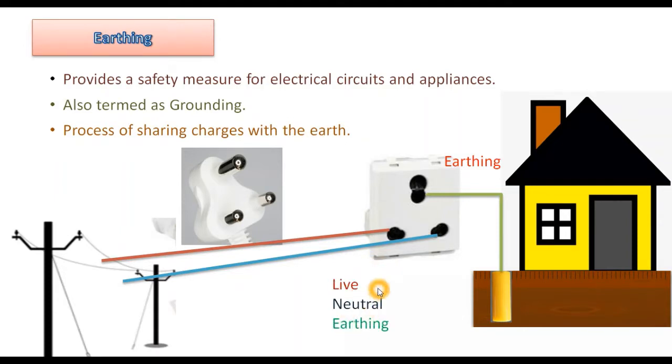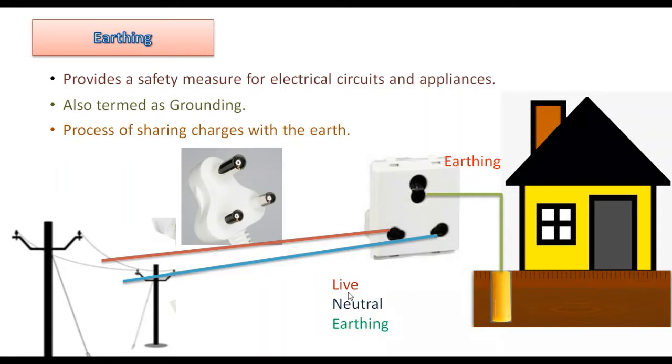One of them is the live wire, that is positive, and the other one is neutral, that is the negative one, and the third one, earthing, is meant for grounding purposes. This earthing removes the excess charges. So sharing charges with the earth is called earthing.